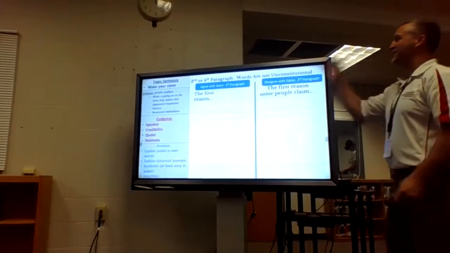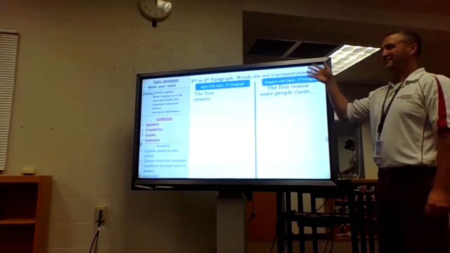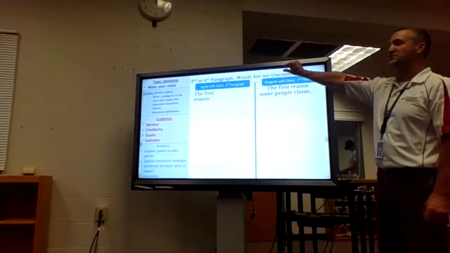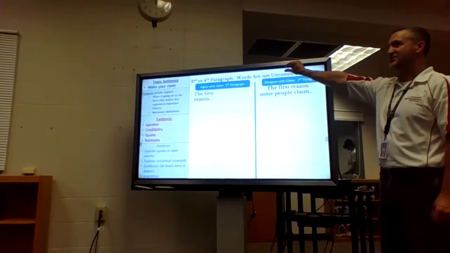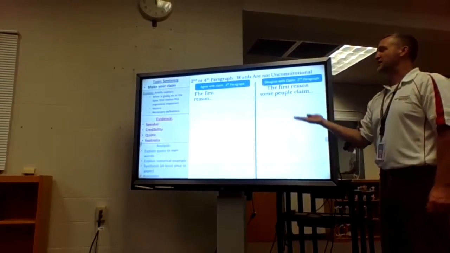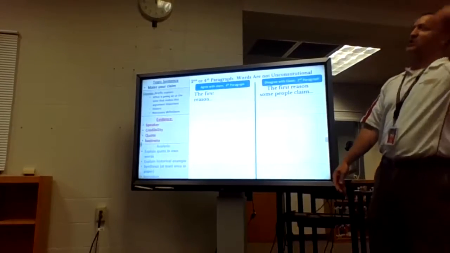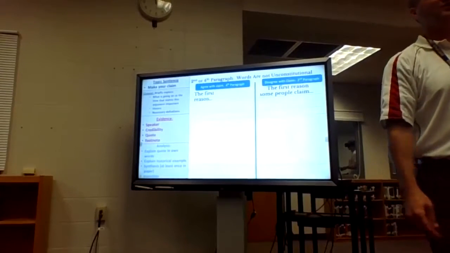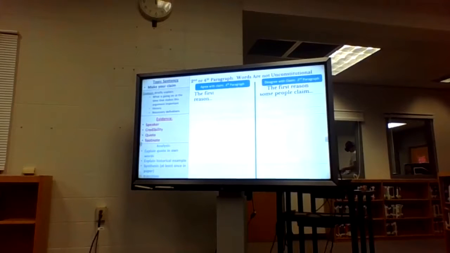If you disagree, you're not buying this. This is saying the words should be left alone because they do not violate the Constitution. But you think, yeah, they do. Then you write the first reason some people claim the words should not be removed is their belief that the words are not unconstitutional.